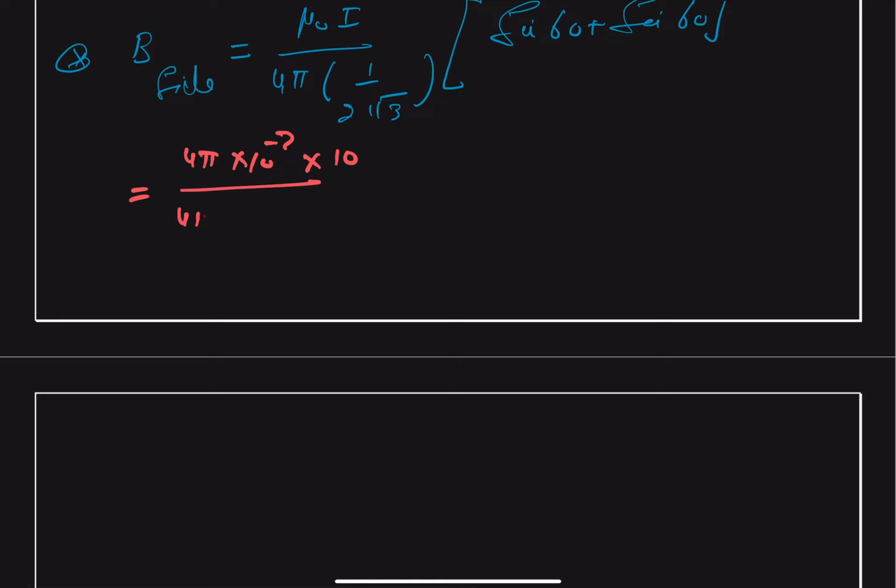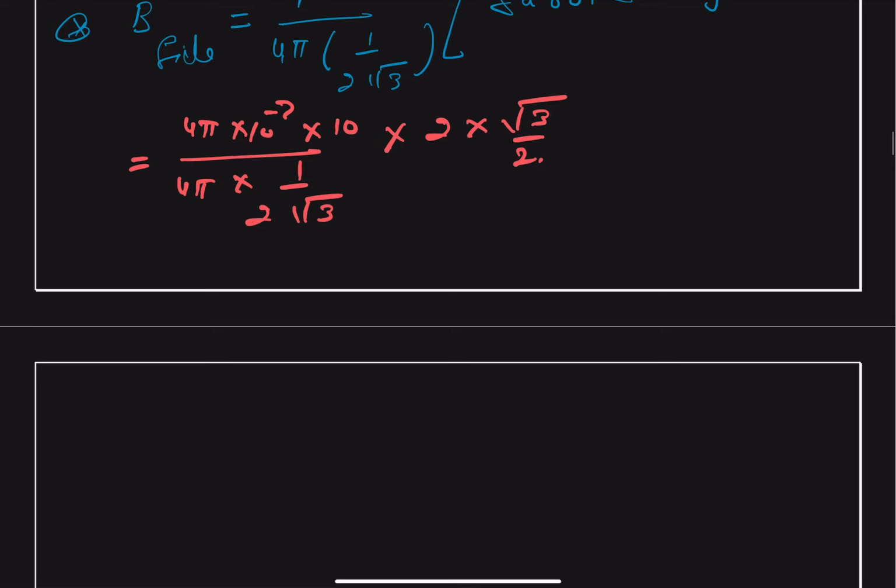So this is 4 pi into 1 upon 2 square root of 3 multiplied by, this will be coming as 2 into root 3 divided by 2. And quite simple. So this 4 pi and 4 pi goes away, and this 2 and 2 goes away.